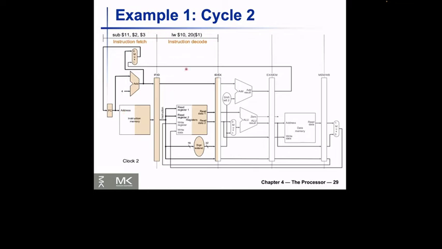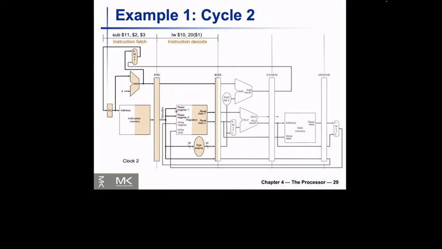And now the load word is here. Based on the leftmost 6 bits of the 32 bits, the CPU knows that this should be a load word, so it sets the control signals to their proper values.